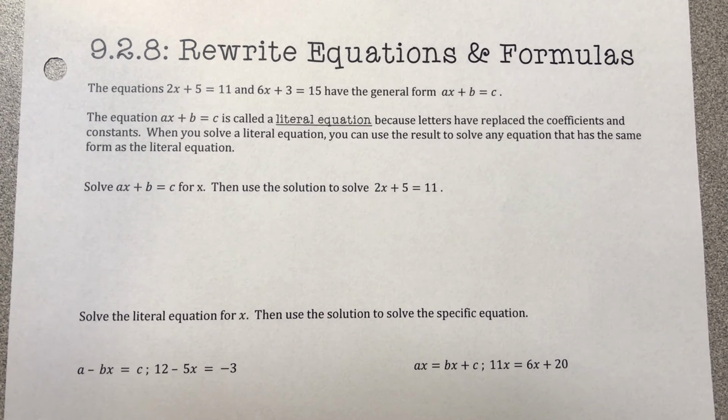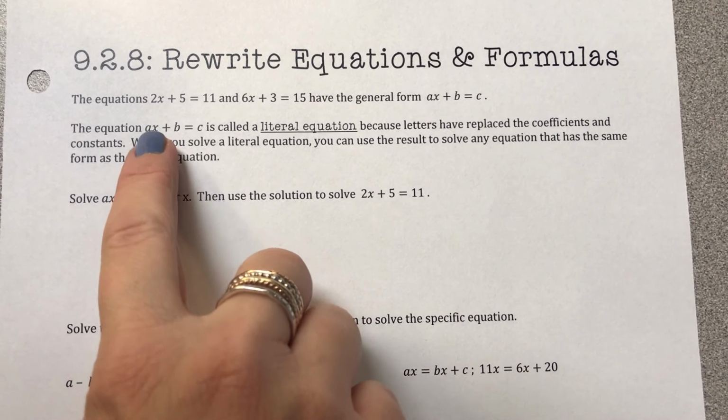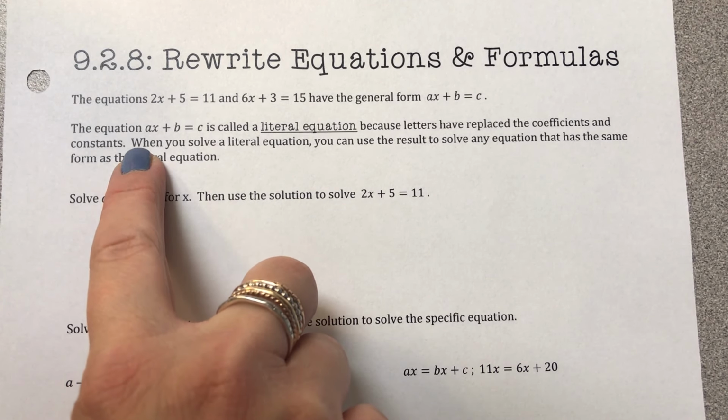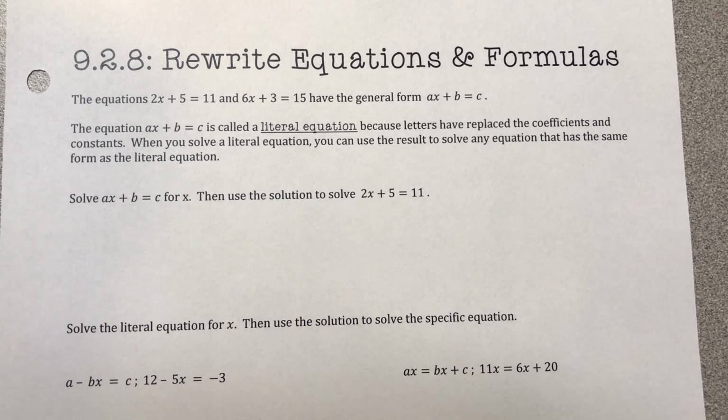The equation ax + b = c is what we call a literal equation because the letters have replaced the coefficients and constants, right? Coefficients are the numbers that come in front of the variables. So instead of a 2, there's an a. Constants are the numbers that are being added or subtracted or multiplied. So instead of 5, it's b. We've replaced those numbers with variables.